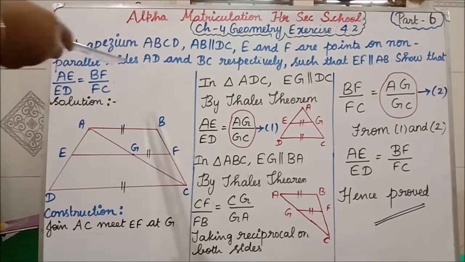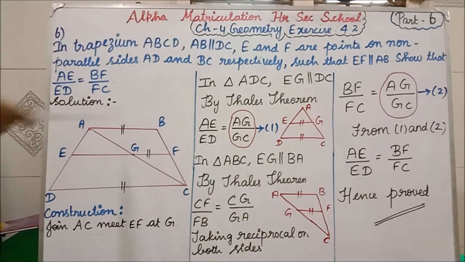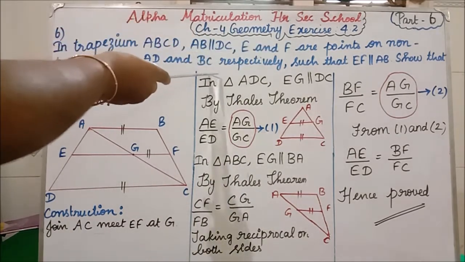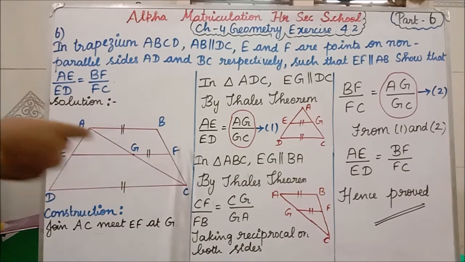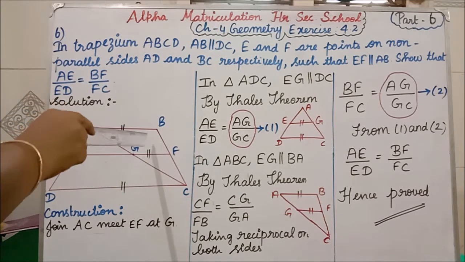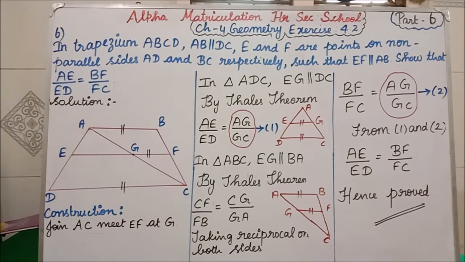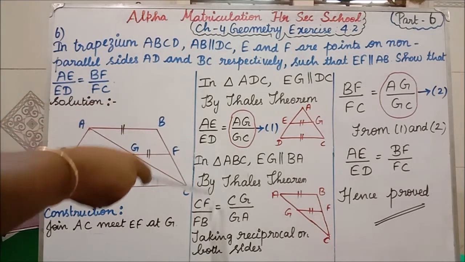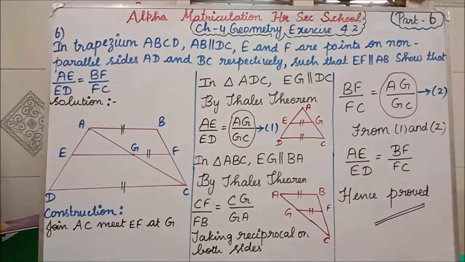So which means in AD side we are having the point E and BC side we are having the point F, such that EF is parallel to AB. They have given, we want to show that AE divided by ED is equal to BF divided by FC.